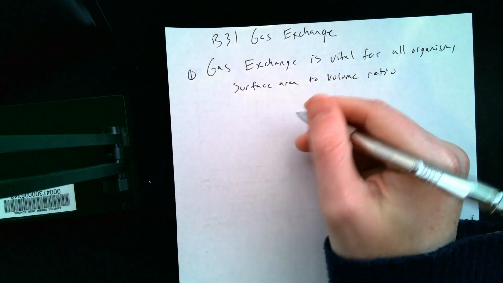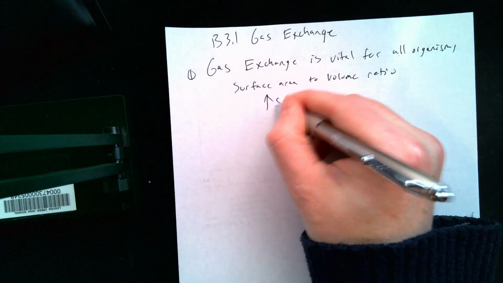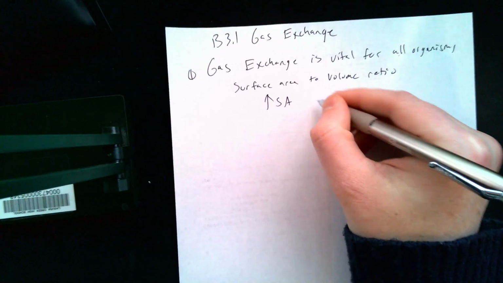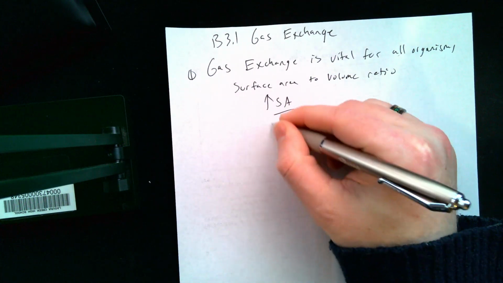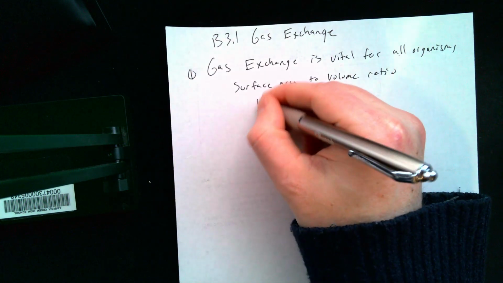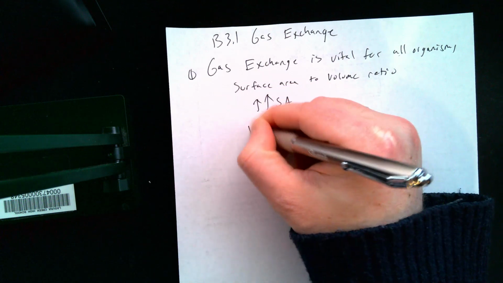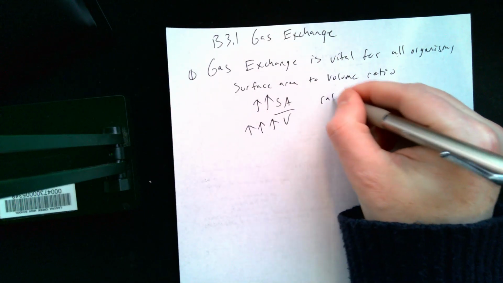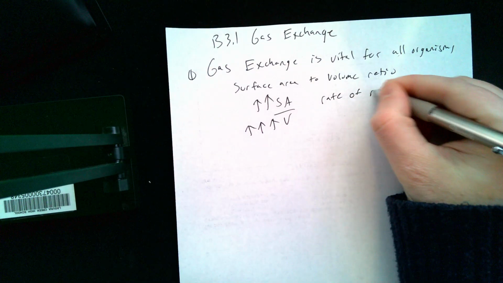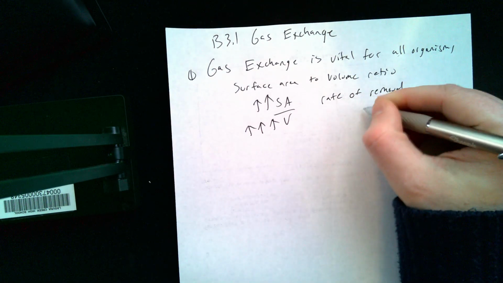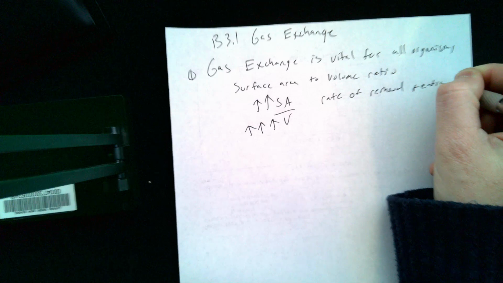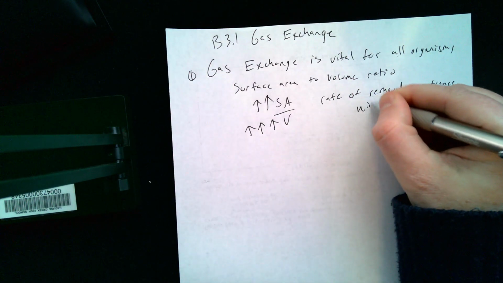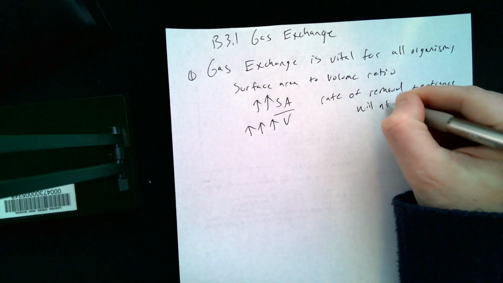This affects everything. You need a high surface area because your surface area and volume are both going to increase as the cell grows, but surface area is squared and volume is cubed, so the volume will increase faster. So the rate of removal and entrance of gas will not keep up if the cell gets too large.